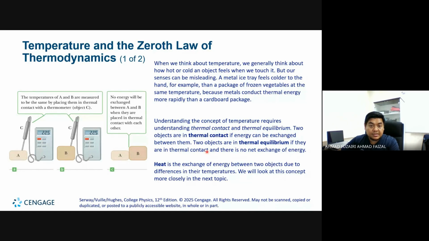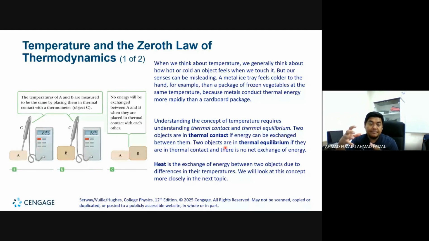There should be some energy transfer from point A to point B and point B to point A, and then finally it reaches some point where the energy cannot go back and forth anymore. Therefore, we call that thermal equilibrium.